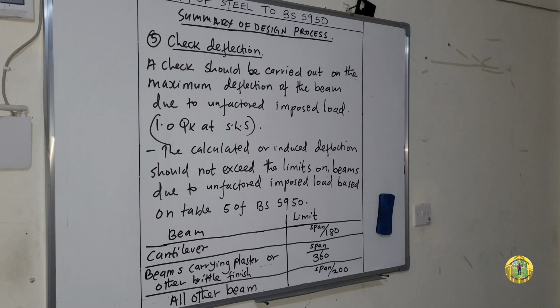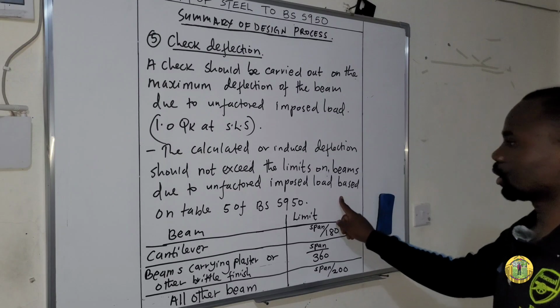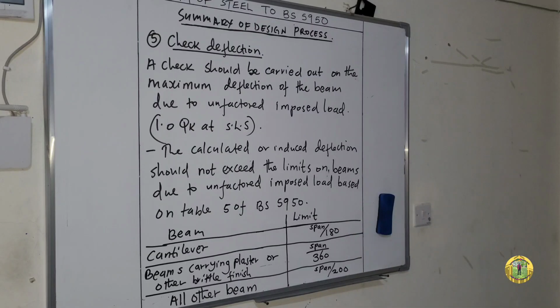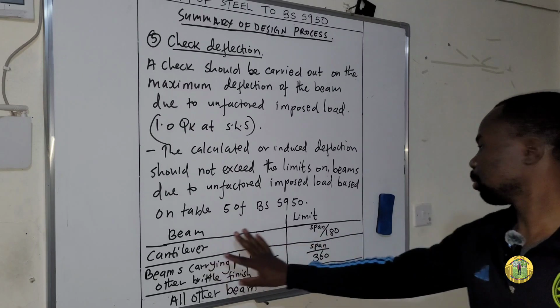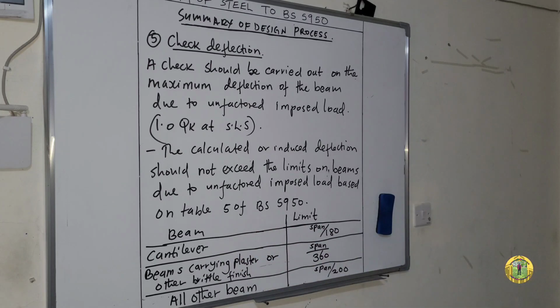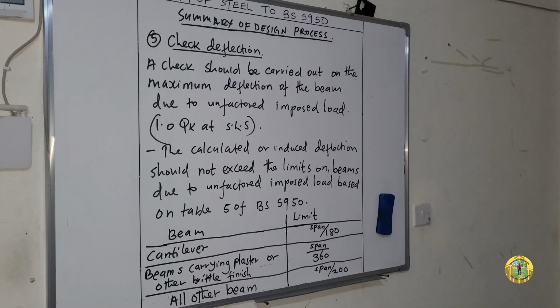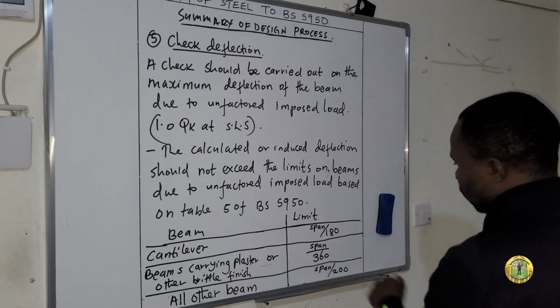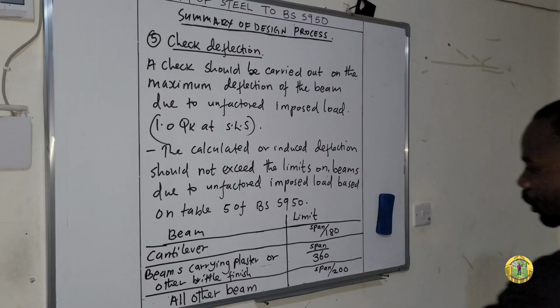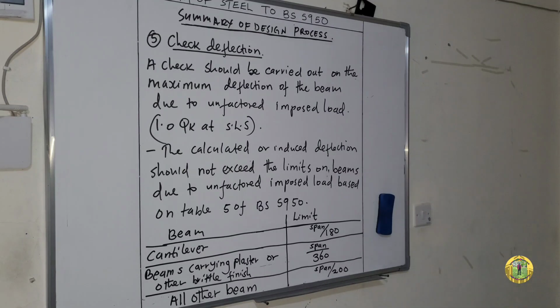The calculated or induced deflection should not exceed the limit on beams due to unfactored imposed load based on table 5 of BS 5950. So you have the limit and the type of beam. For cantilever, it is span over 180. Beams carrying plaster or other brittle finishes is span over 360. And all other beams is span over 200.